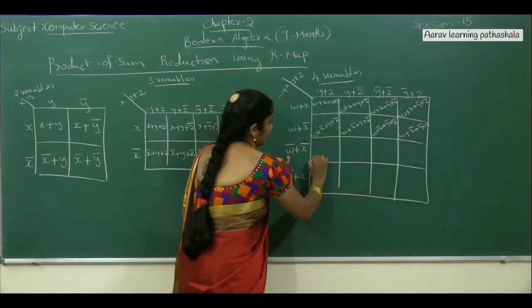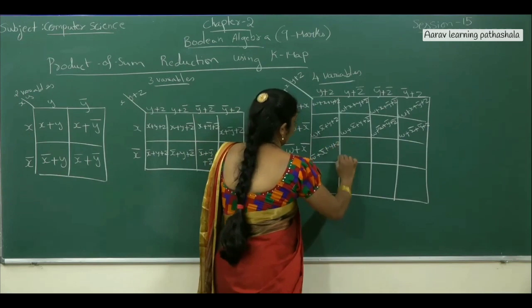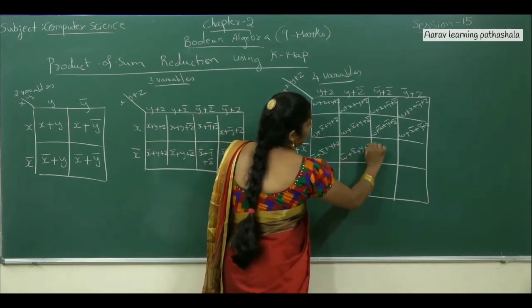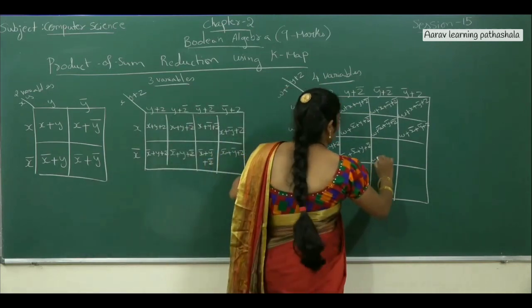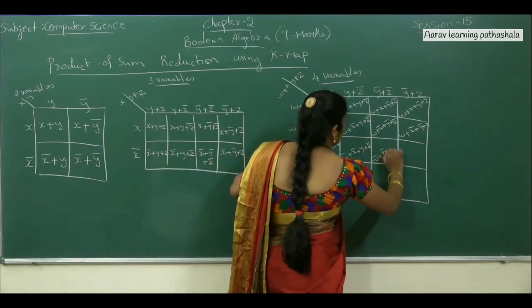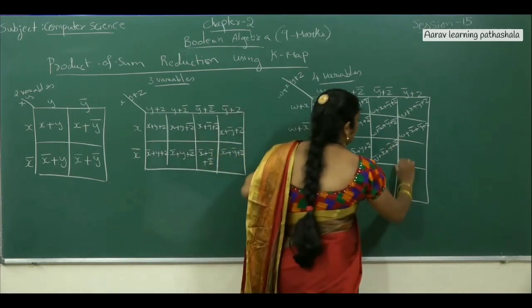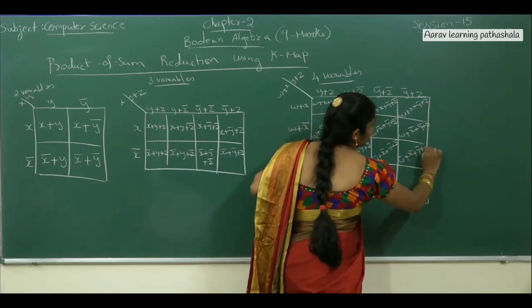Now once again w bar plus x bar plus y plus z, w bar plus x bar plus y plus z bar, taking the corresponding row and column. Then w bar plus x bar plus y bar plus z bar, w bar plus x bar plus y bar plus z.